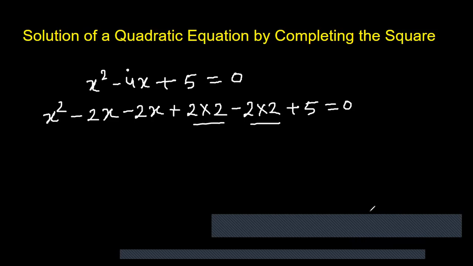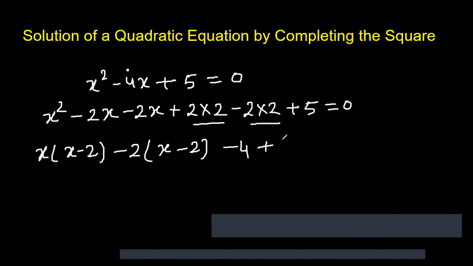Now next we will take x common from the first two terms. We get x minus 2, and we observe that minus 2 is common in the second two terms. We get x minus 2 again. Minus 2 into 2 would be minus 4, and this is plus 5 equal to 0. Now look carefully at what we are getting. x minus 2 is the first factor and x minus 2 again.